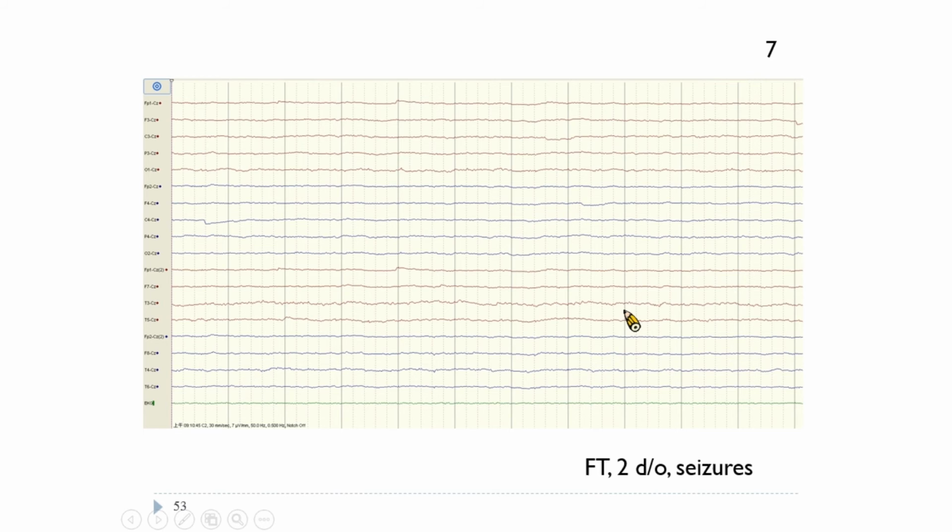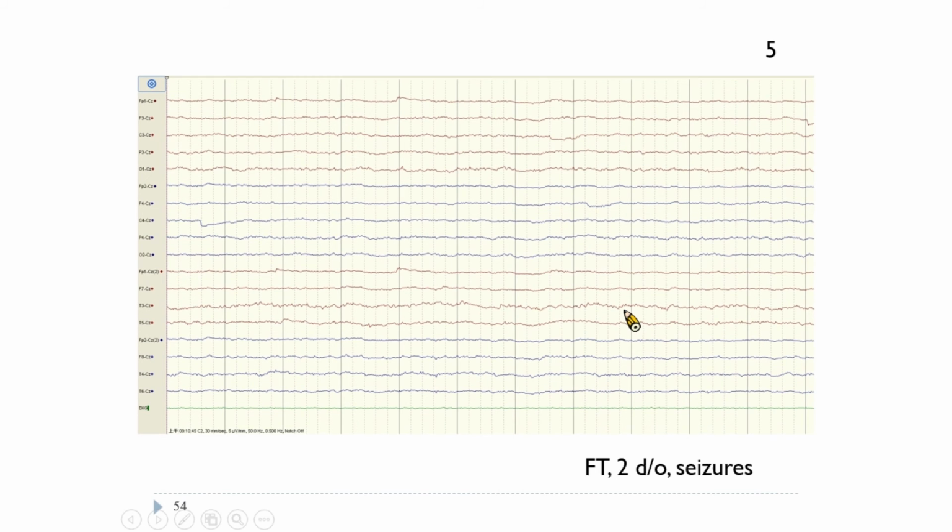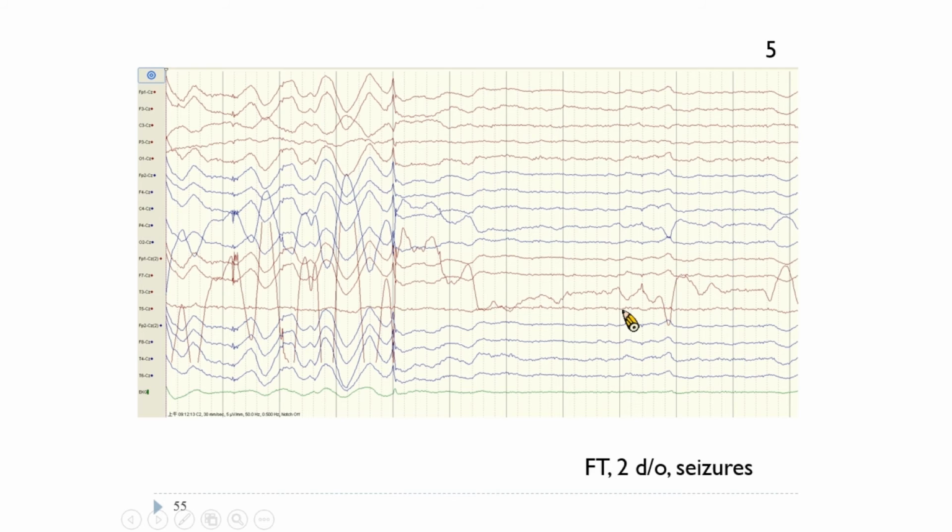Sensitivity is 7 microvolt per millimeter. We upped the sensitivity to 5, silent. Obviously, these are artifacts.